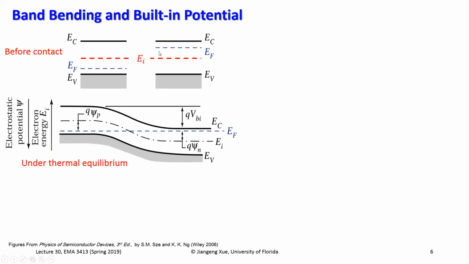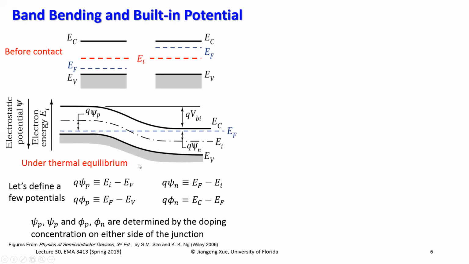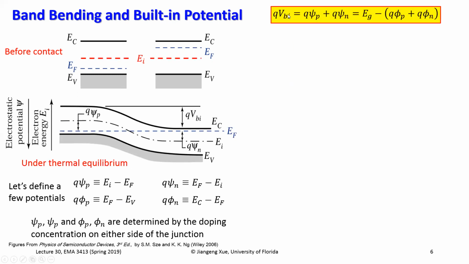Either way, that will get you the total band bending. So just introduce all those 4 different things. You can calculate the total band bending as the addition of the Fermi level difference from the intrinsic Fermi level on 2 sides, these 2 quantities, or you take these 2 little pieces off from the total band gap.